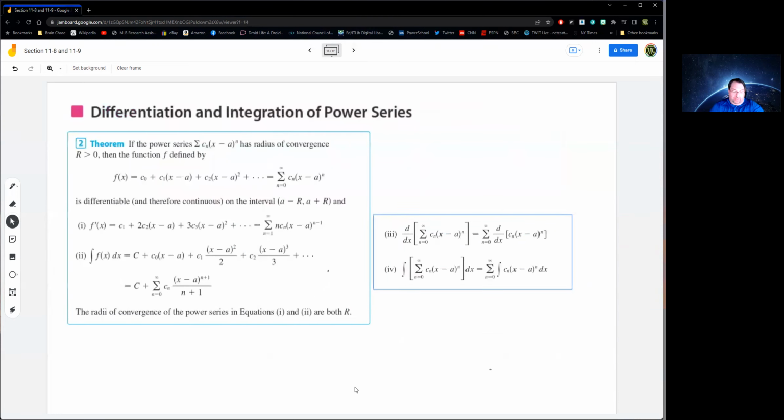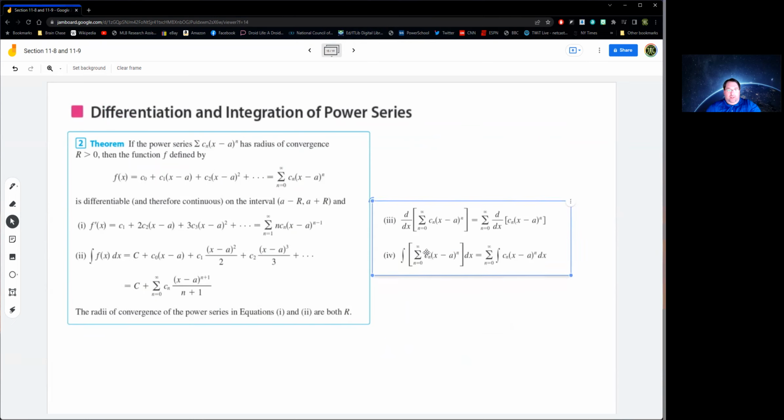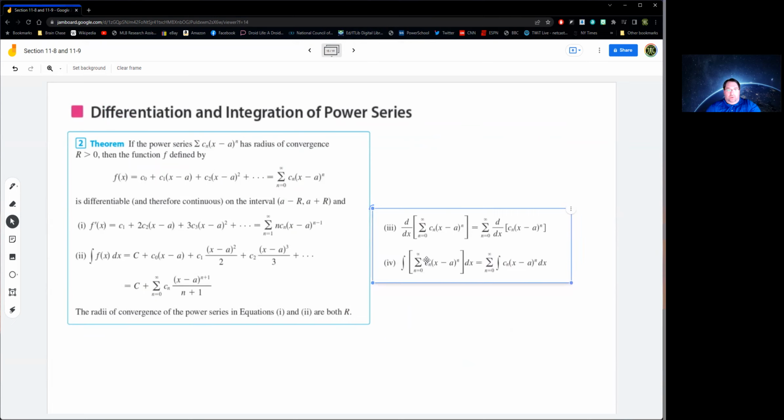We're going to look at it in terms of doing an integration or a differentiation. So if I do the derivative of both sides, that will also work to rewrite the function. Or if I do the integral of both sides, I can also use that to rewrite the function.